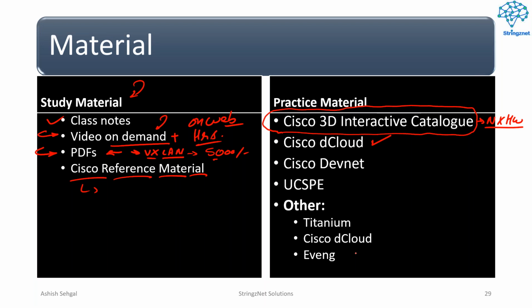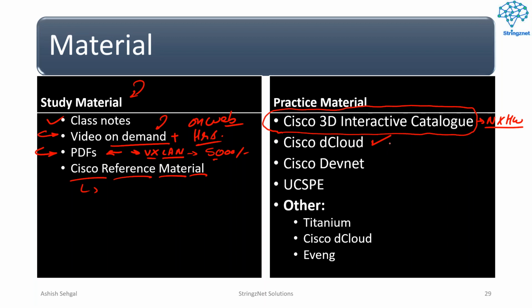On the very first day of our class, the Nexus hardware class, I will show you how to use it, wherein you will have access to all the switches, even the HyperFlex devices, the routers, the UCS boxes, etc. With its help I will explain what a fabric module is, what a line card is, what a system controller and supervisor engines are, and even how the VIC cards, virtual interface cards, look. So very extensively, we will take the help of the Cisco 3D interactive catalog for the purpose of hardware.